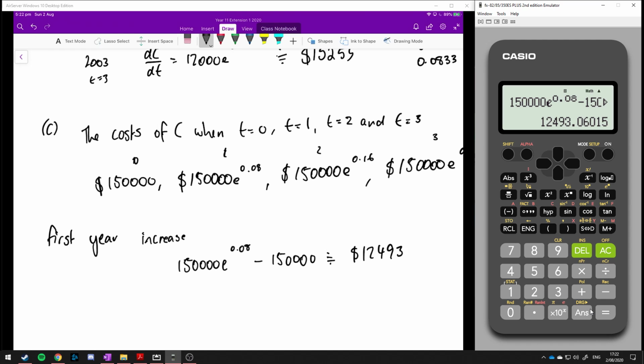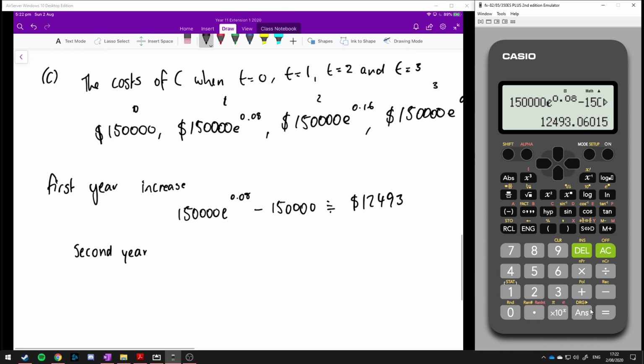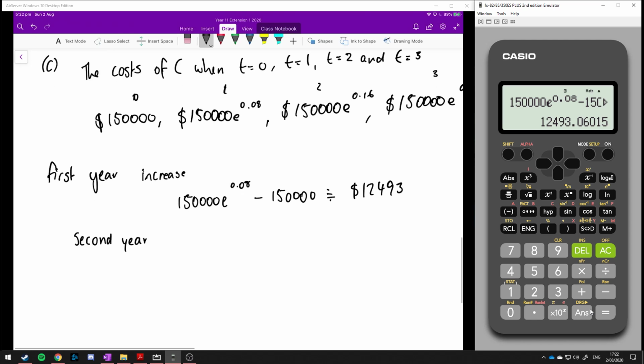Okay. Now the second year, so we're just going to follow the same pattern. So the second year is going to be 150,000 e to the 0.16 minus 150,000 e to the 0.08, and that's approximately equal to, if we put it into our calculator, 13534.